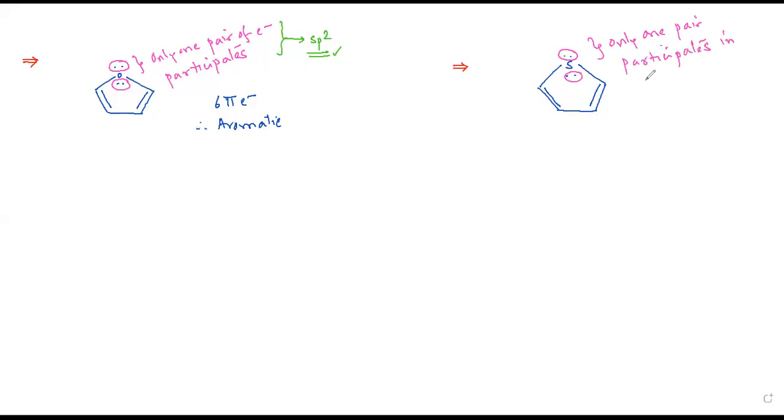Right? So again, you will have sp2 hybridized sulfur, and we'll be considering only 6 pi electrons. Therefore, even this also is aromatic. That is so special.